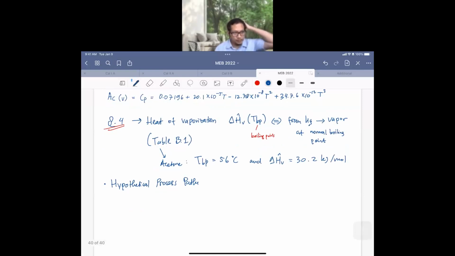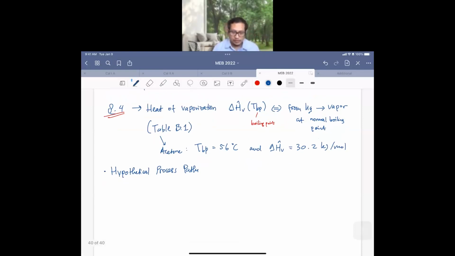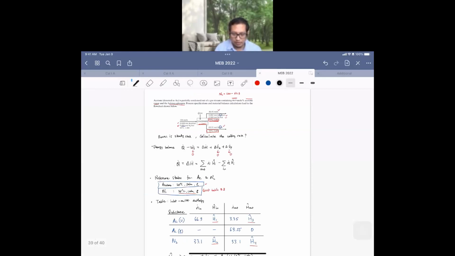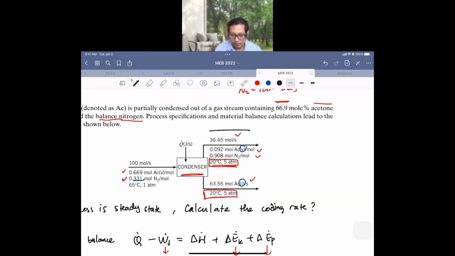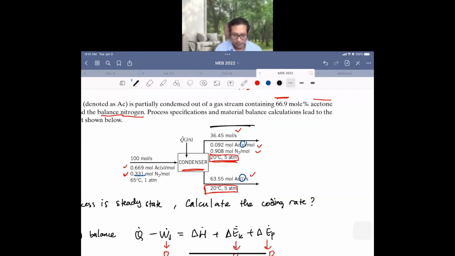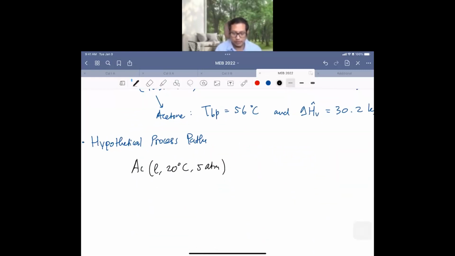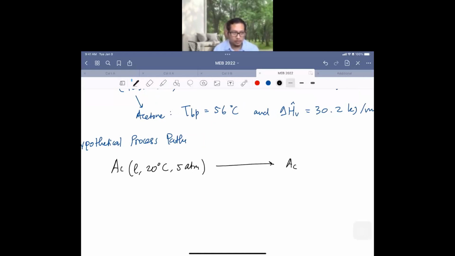The starting point is acetone, liquid, 20 degrees Celsius, 5 atmosphere. I will start from this liquid and then get into our vapor.